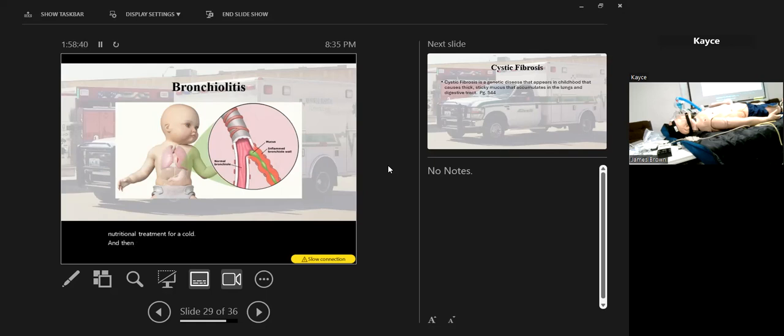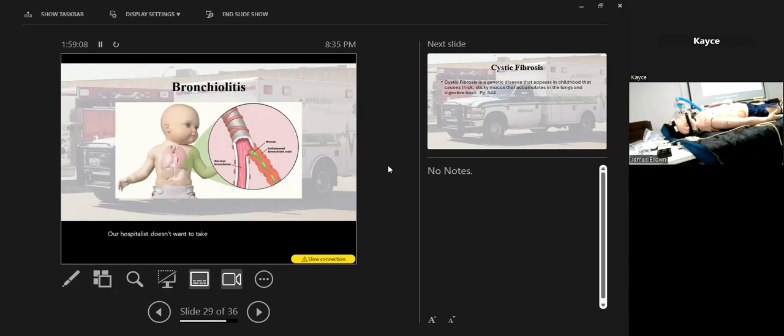Since it can get so serious, what would be the point of transferring from another hospital rather than here? If the airway is so severely compromised that they have to be intubated, then send them on. It also depends on our hospitalist and how they feel that day. If our hospitalist doesn't want to take a kid, they won't.